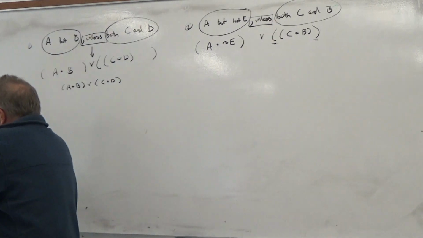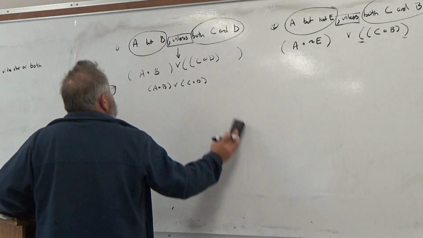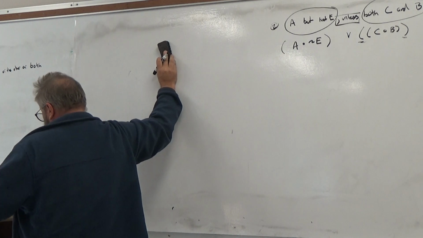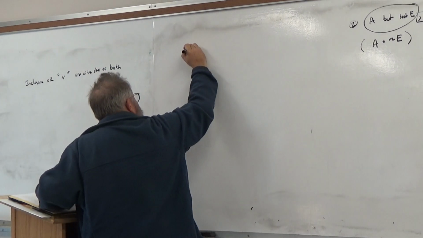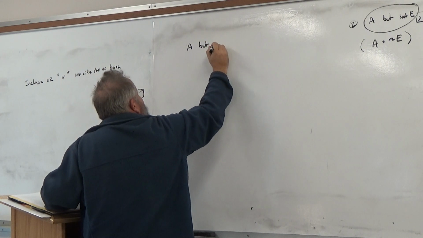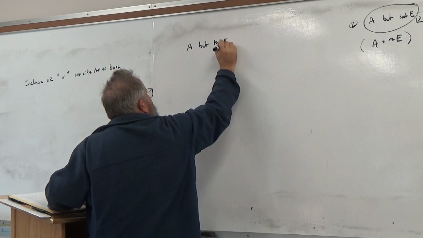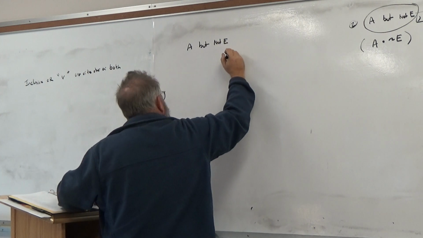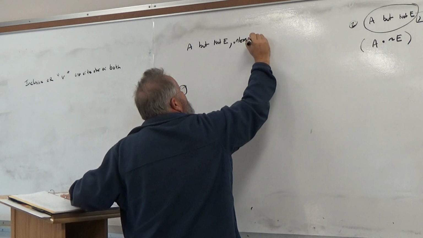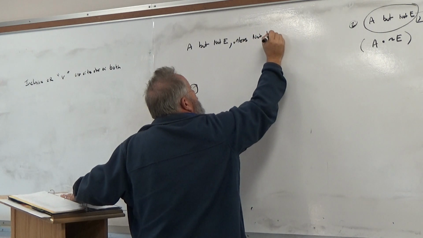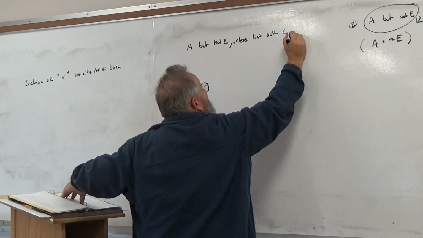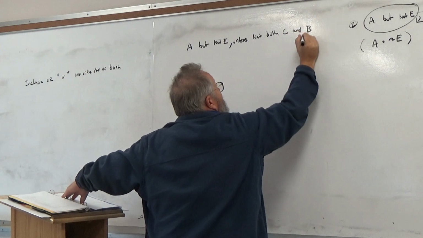All right. 3. Al likes Airedales, that's A. But Eric doesn't, so that's not E. Comma, unless not both Catherine and Bob.